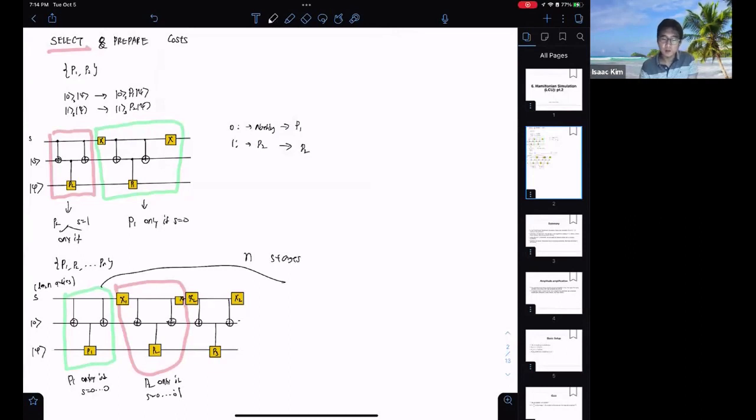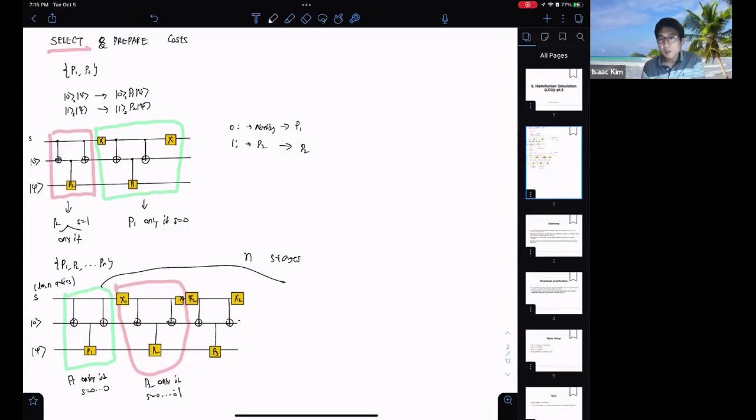And their cost is also very similar to each other. Because the only difference between, let's say, this part and this part is the precise x1 or x2 that we're applying. And these are just single qubit Pauli operators, which are extremely cheap operations.